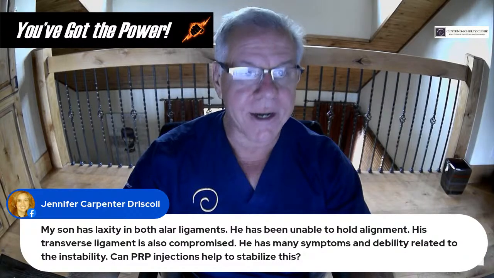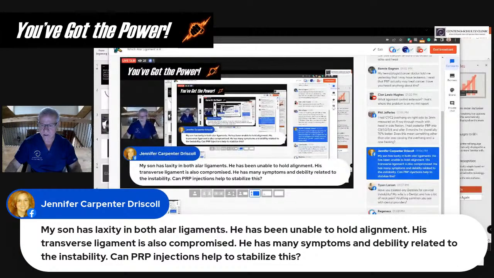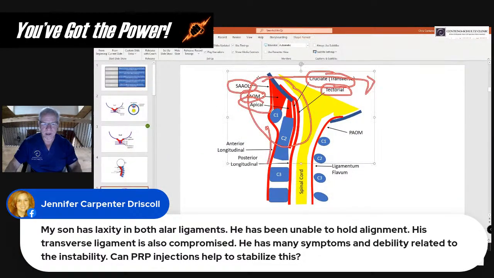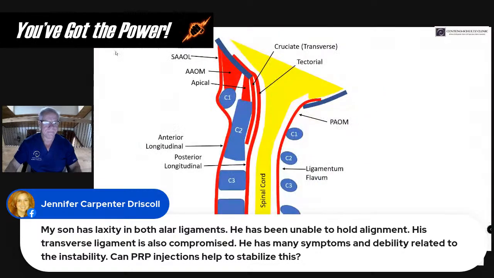So I'm going to share the screen again, and we're going to go back to that same presentation. Let me get rid of all the drawings there. The alar ligament is going to be part of this cruciate, so it's going to be deep in here.